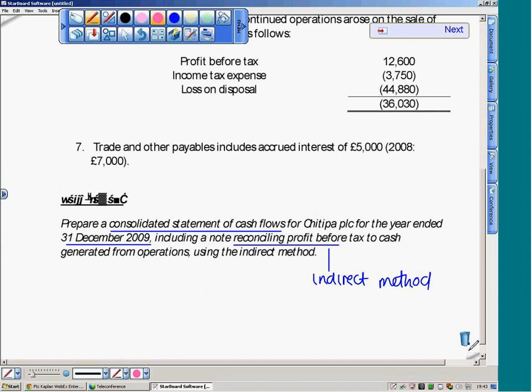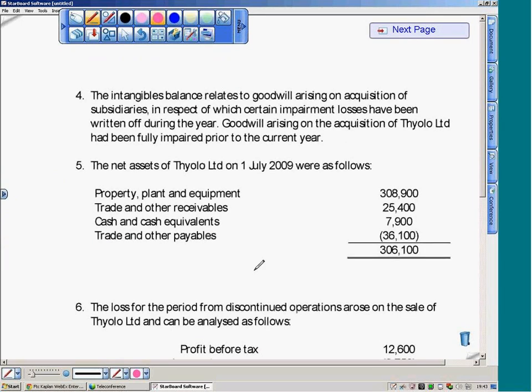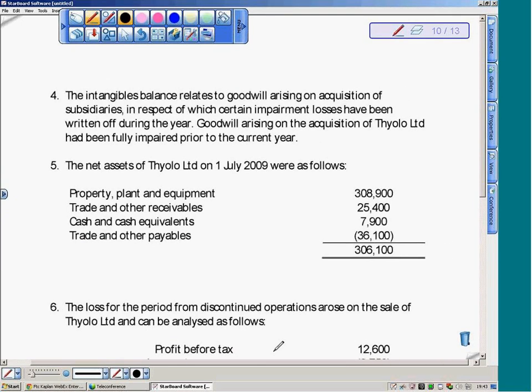On the page, what we do have is some additional notes. It tells us in note 4 that there are intangible balances relating to goodwill arising on the acquisition of subsidiaries, in respect of which certain impairment losses have been written off. Now remember that impairments are non-cash expenditures. So because it's non-cash, we're thinking about a potential impact in our reconciliation statement.